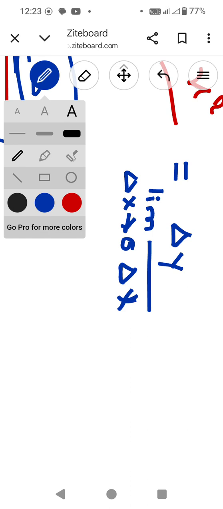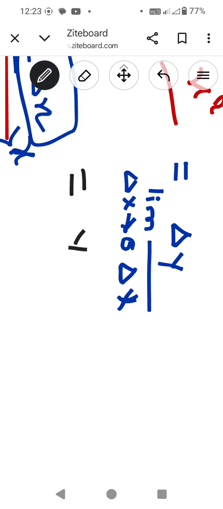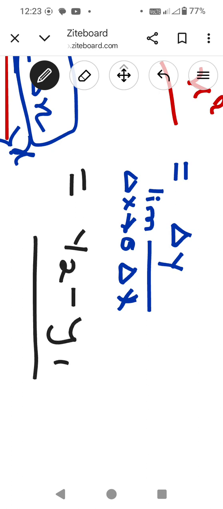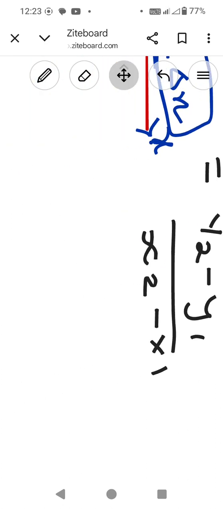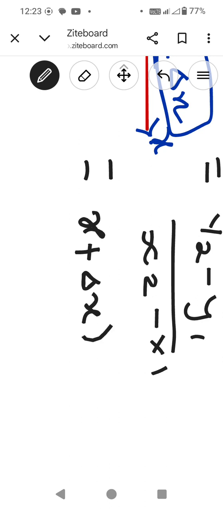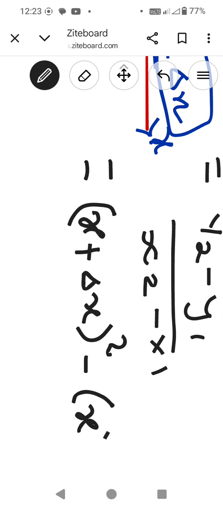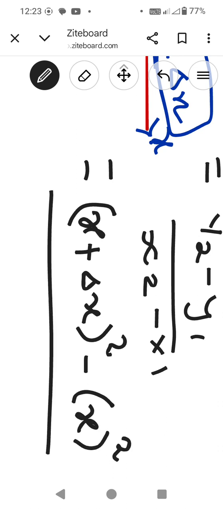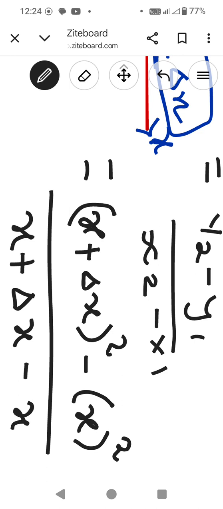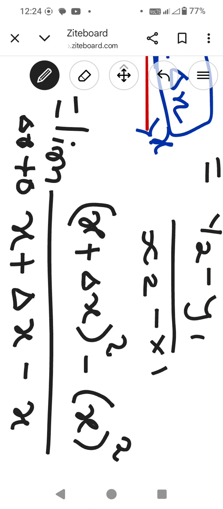If I further solve it, it is y2 minus y1 upon x2 minus x1. y2 is x plus del x whole square. The limit is del x tending to 0.